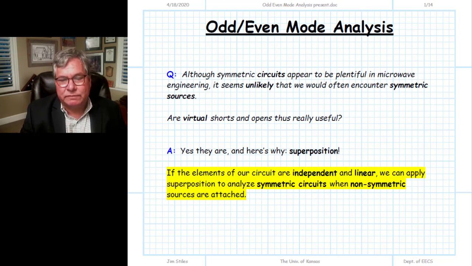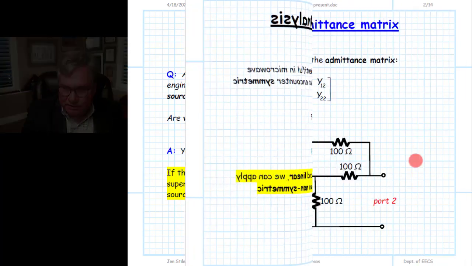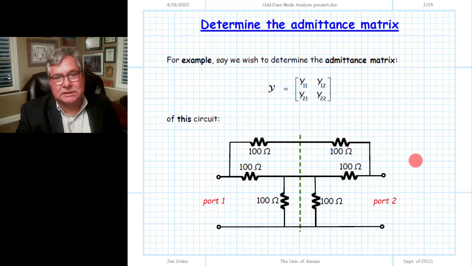So if all that is true, if it's linear and independent reciprocal devices, we can go through and apply the idea of superposition to the circuit, and find that odd-even mode circuits will likewise come in handy. To demonstrate this, let's do an example.